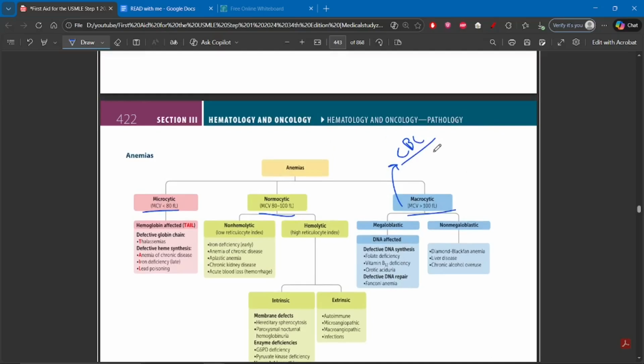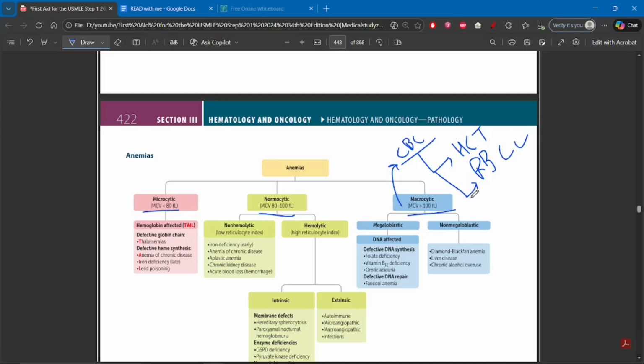All of these are present in the CBC. The CBC has hematocrit, the RBC count, and the MCV.